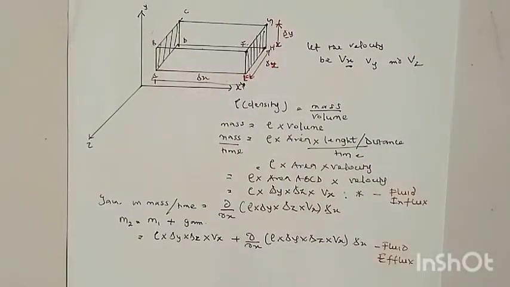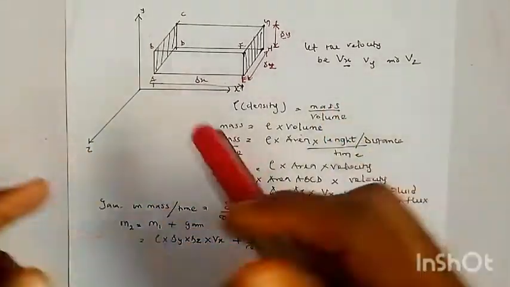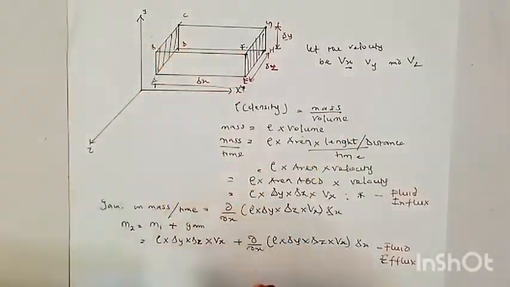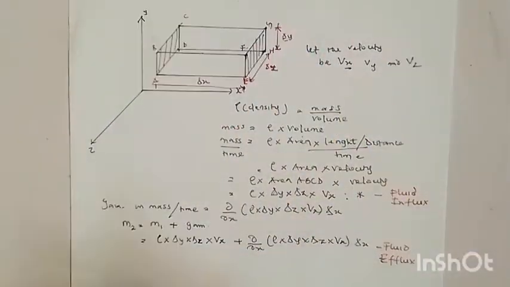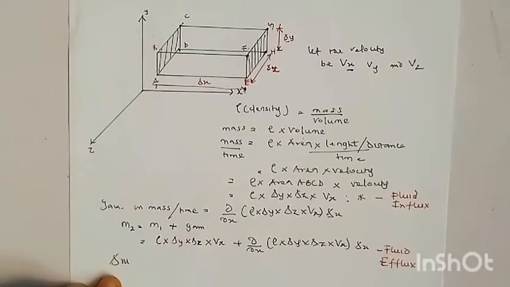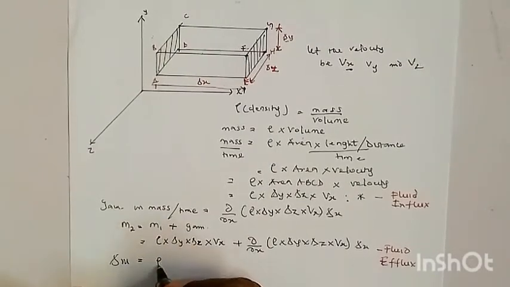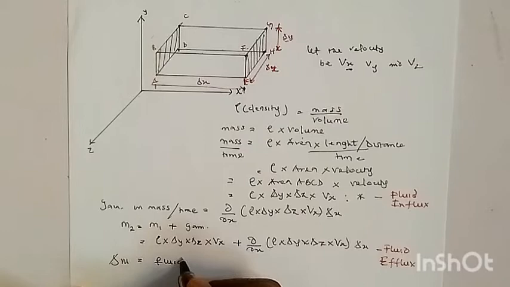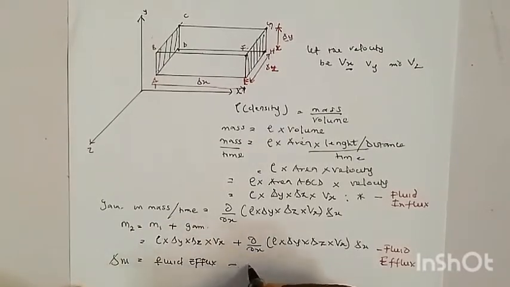So basically, if you are given a new mass flow rate and an initial mass flow rate initially flowing through this phase, and the final mass flow rate flowing out of it, we can calculate our gain in mass flow rate. Then we can say our gain in mass flow rate, let's consider it to be change in m, is equal to fluid efflux minus fluid influx.